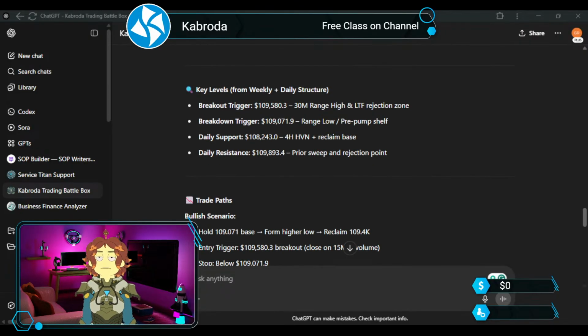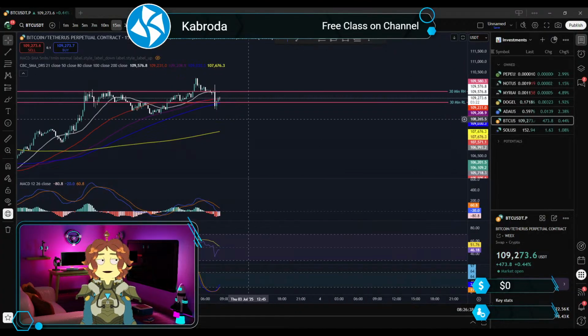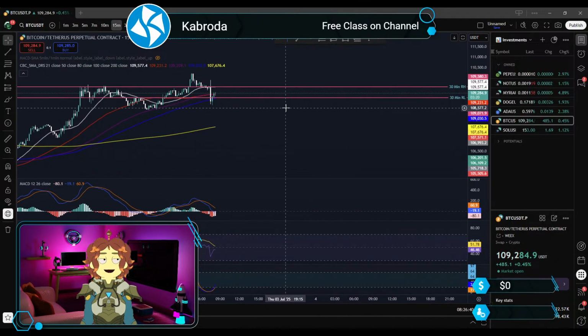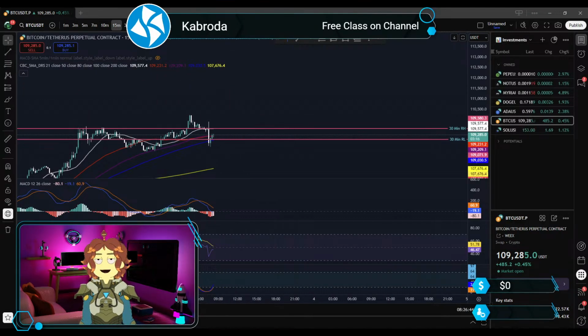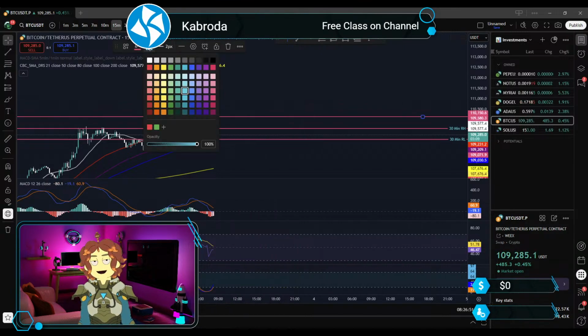All right. So here's where the recap gets interesting. We got our breakout trigger, our breakdown trigger, daily support, and daily resistance. So we're going to head right back to TradingView here. We got our 30-minute high and 30-minute low, and we're going to take those numbers now. Remember, Alt H. You can change these if you want.